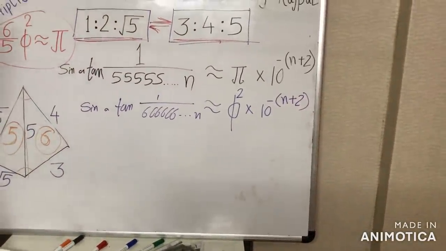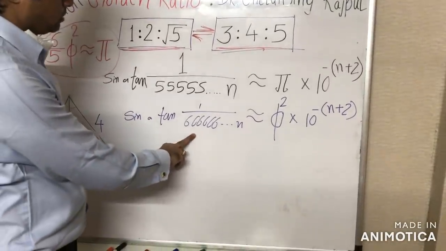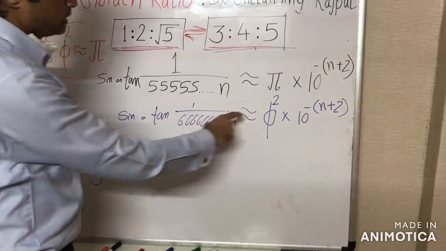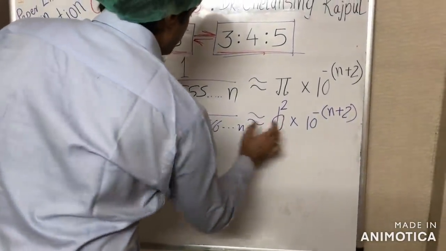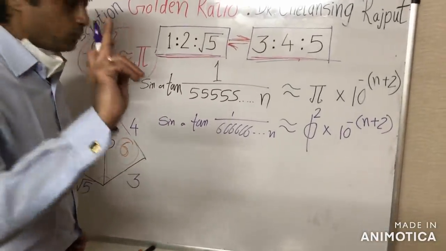And of course, when we replace 5 by 6, we get figures which look like phi square, and this equation can be generalized for any digit, not just for 6.